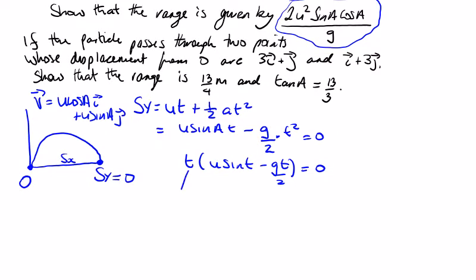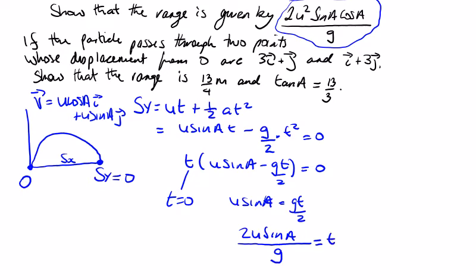So my initial time is equal to 0, and my u sine alpha is equal to gt over 2. So 2u sine alpha over g is equal to t.